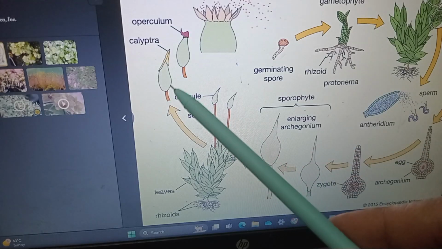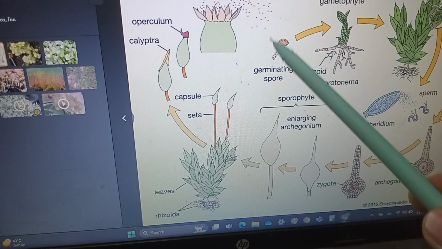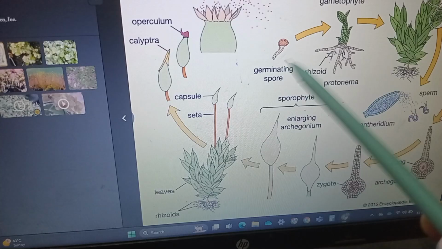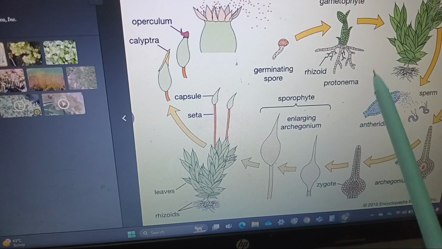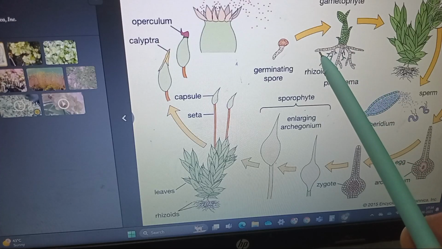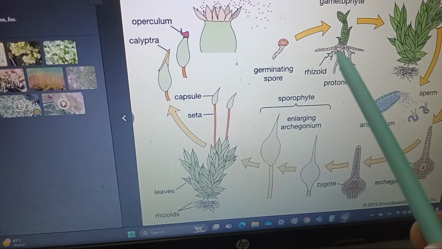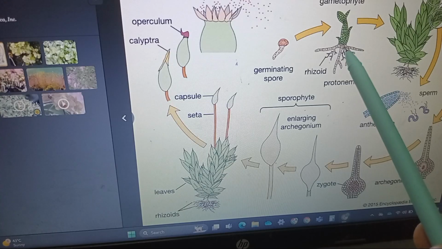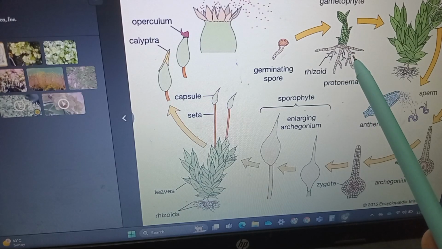Here it is the calyptra. These spores will germinate to make an intermediate structure called protonema. How is the protonema? The protonema is also green. It is a filamentous structure which is frequently branched.